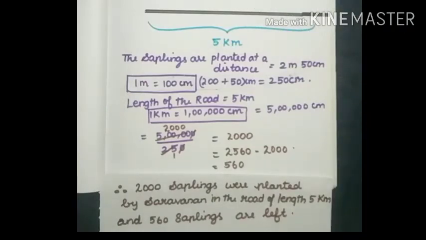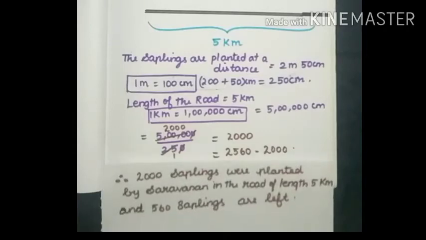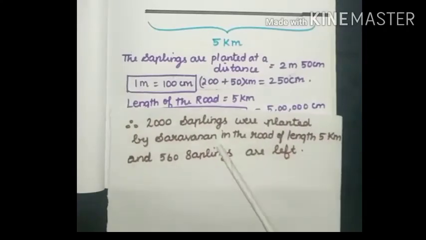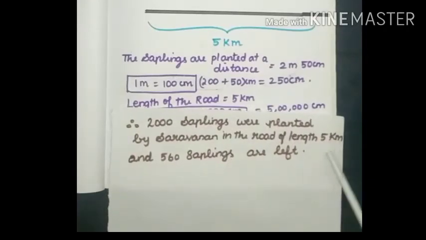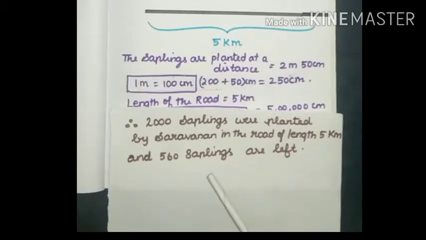For that what we have to do? We have to subtract 2560 minus 2000. 2560 is the total saplings. 2000 is the saplings planted by Saravanan. So 2560 minus 2000 equal to 560. Therefore, 2000 saplings were planted by Saravanan in the road of length 5 km and 560 saplings are left.